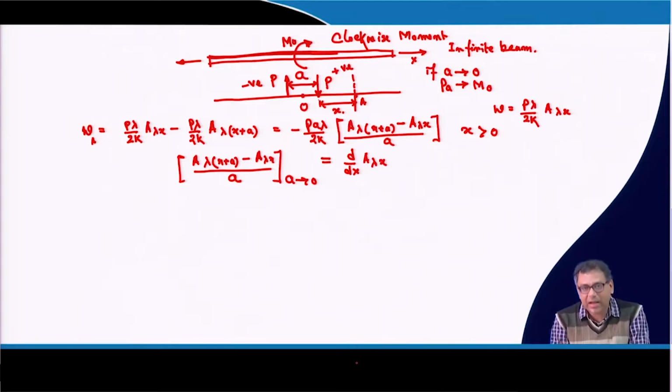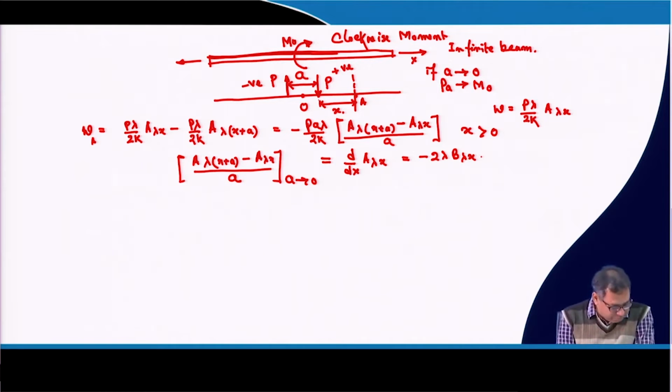A lambda x is given as e to the power minus lambda x into cos lambda x plus sin lambda x. If you differentiate that, you will get minus 2 lambda B lambda x. This A lambda, B lambda x, C lambda x, D lambda x, all are given. So this is B lambda x.